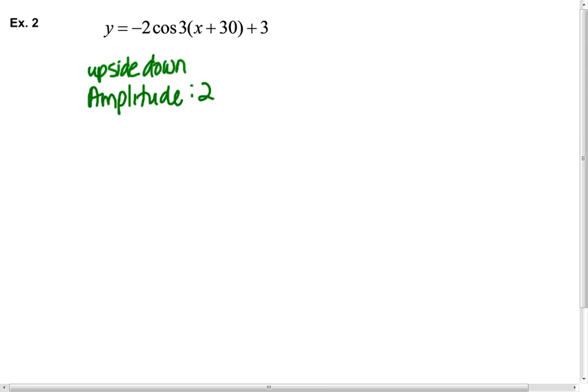That 3 is going to change the period. So the period will be 360 normally, divided by 3 gives us our new period, 120. The x plus 30 is a horizontal translation left 30 degrees. It is a phase shift.